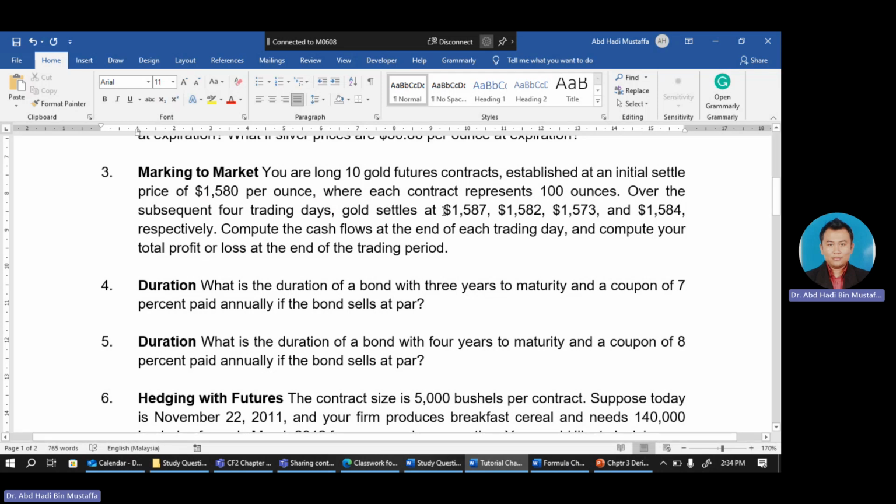Tapi for question number 3, ada 1, 2, 3, 4. 4 kali. Dia bagi kat sini settlement price 1580, 10 gold futures contracts, satu contract 100 ounces. That means you have to calculate four times.